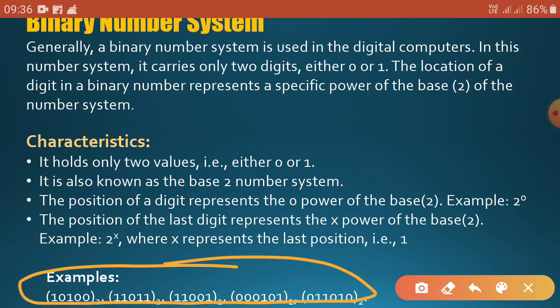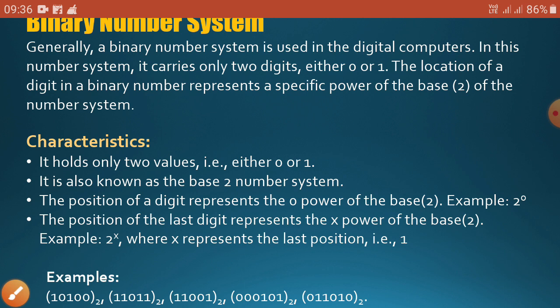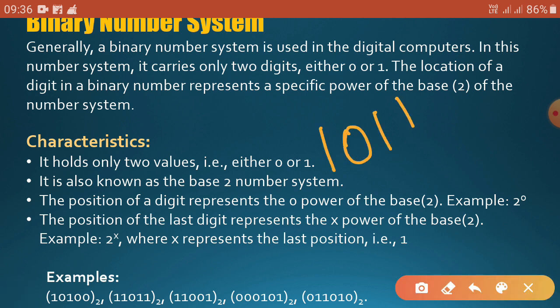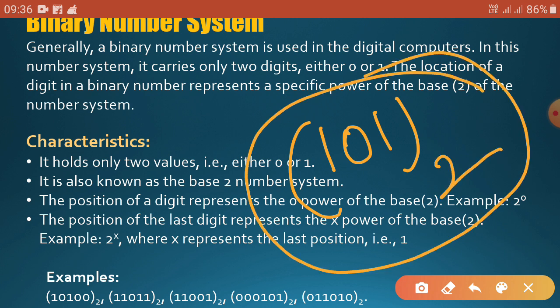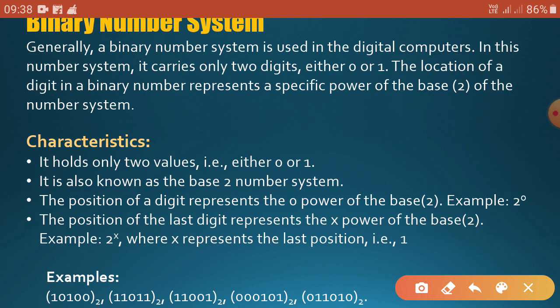Whenever the base is 2, we can say that it is in the binary number system. So if we write 101 with base 2, it is a type of binary number system. Now look at the points.